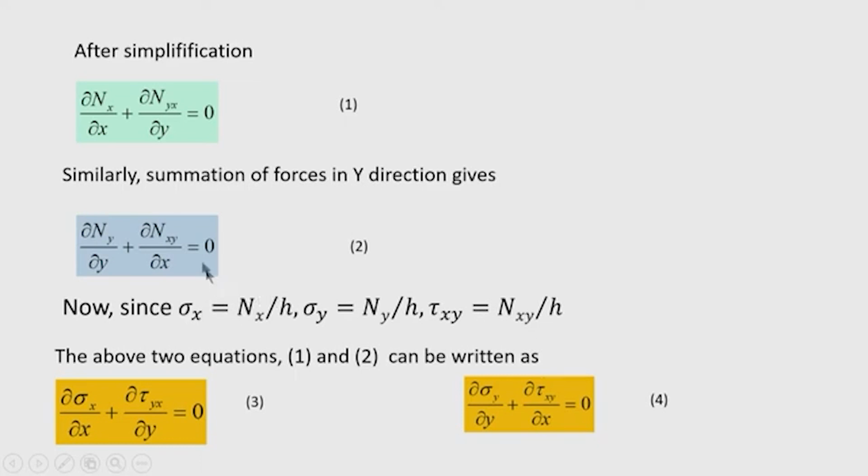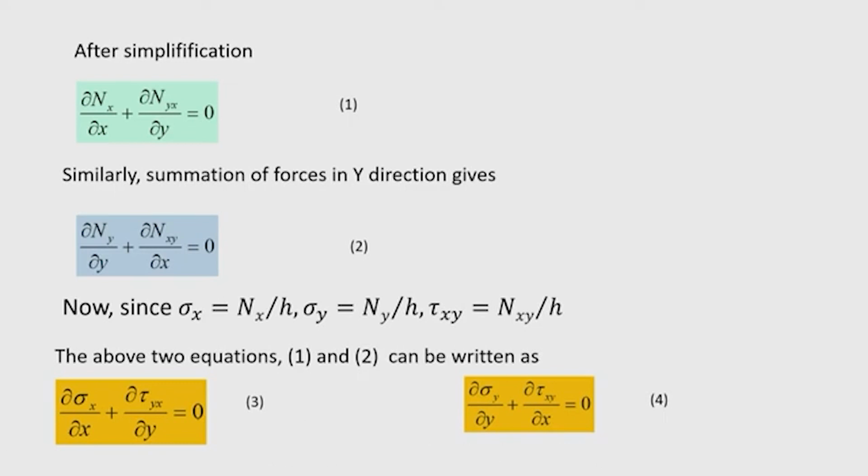So, substituting n x equal to sigma x into h, and n y x equal to tau x y into h, we convert these two equations, say 1 and 2, into the form: del sigma x by del x plus del tau y x by del y equal to 0, and another equation, del sigma y by del y plus del tau x y by del x equal to 0. So, these two equations are the equations of equilibrium in plane stress condition in the absence of body forces.